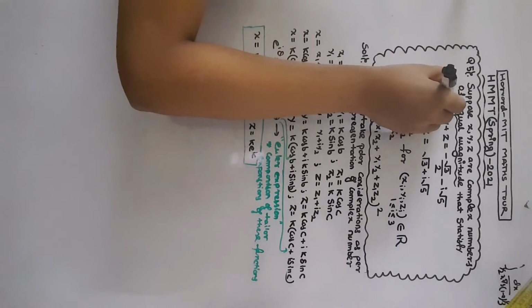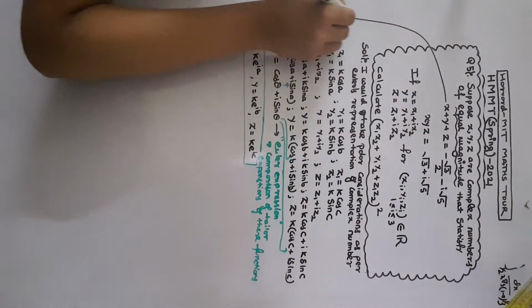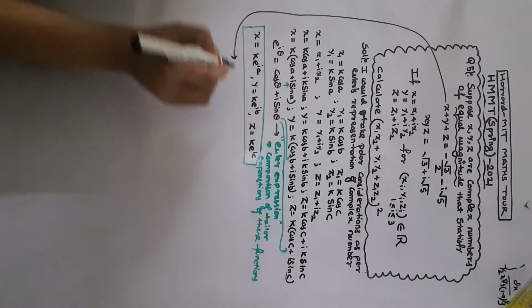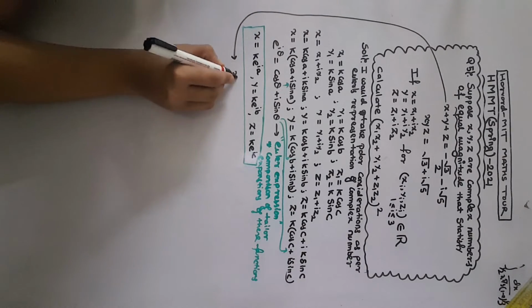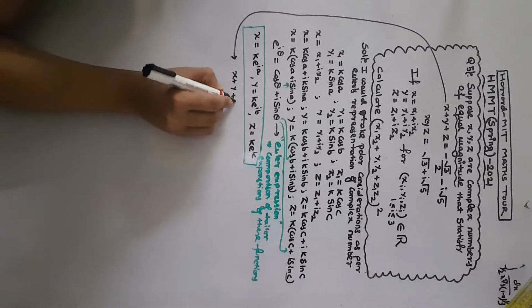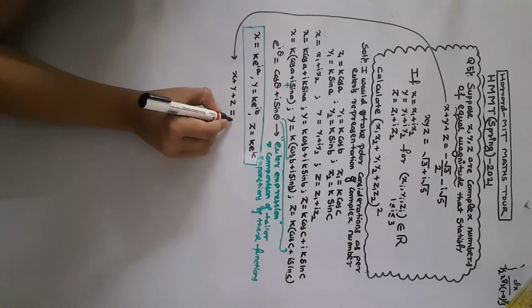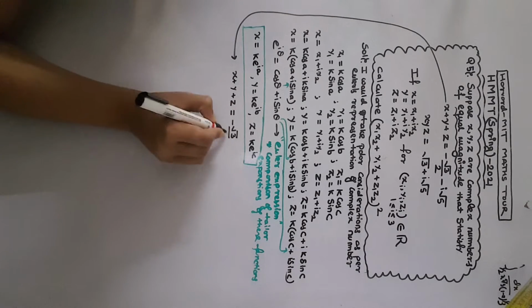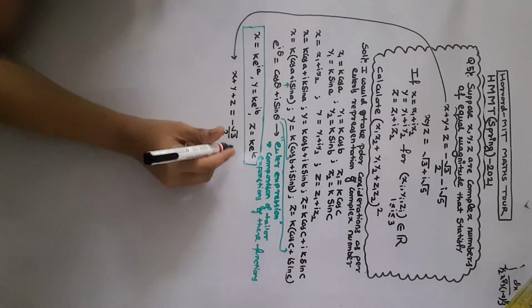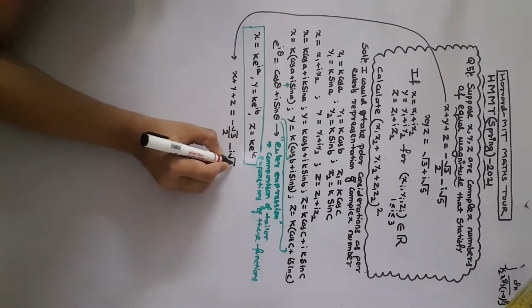Now we are going to take this thing written here. x plus y plus z is equal to negative root 3 by 2 minus i root 5.